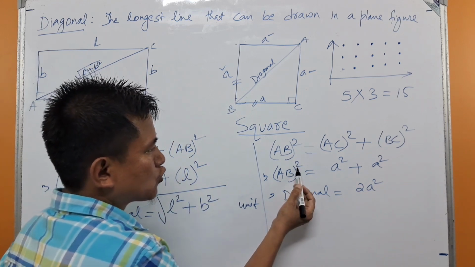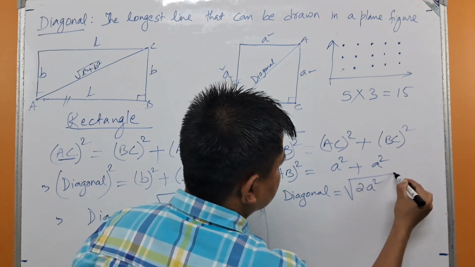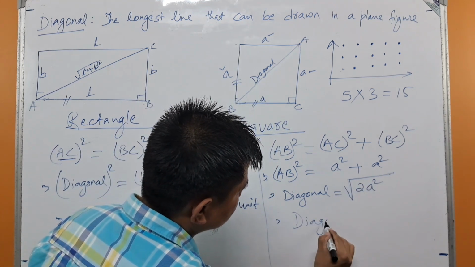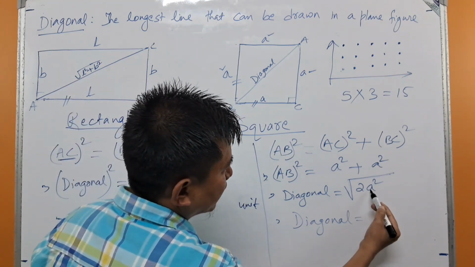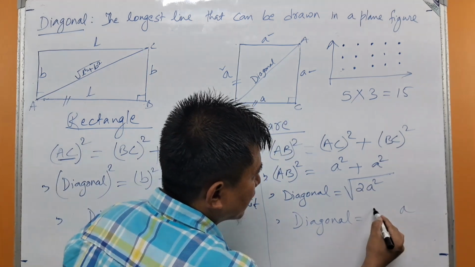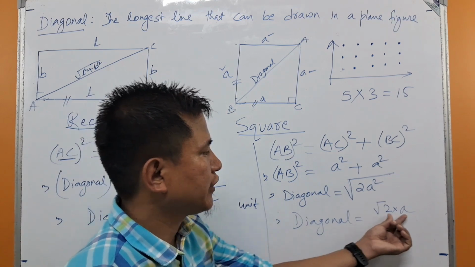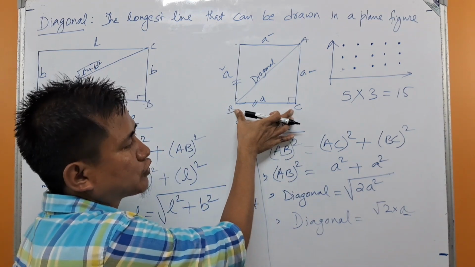So we take this square to the right hand side, this becomes root under. Or diagonal equal to, so we have A square here, this means A will become free from the root and this 2 will remain within the root. So root 2 into A. So root 2 into A means root 2 into side, okay, because A is the side of this square, isn't it?